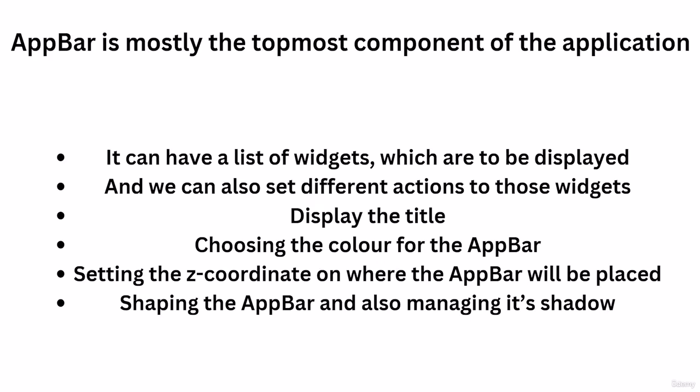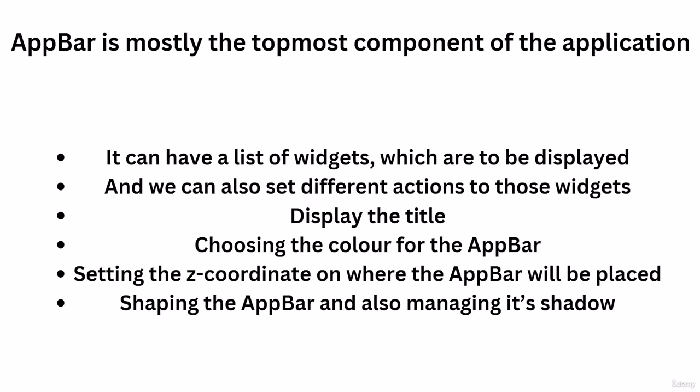Also in the app bar, we can choose what is going to be the color of the particular app bar. You can choose from a variety of colors. If you do have a particular color in mind, using the color code, you guys can also change the color of the app bar.